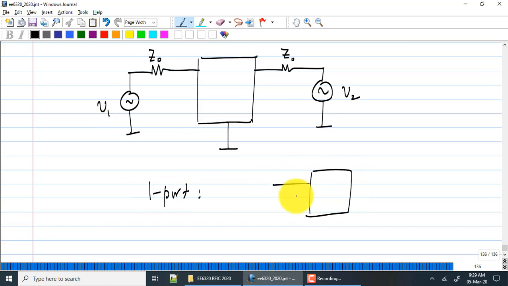Literally, you will only have one pair of quantities, Vi1 by root Z0 and VR1 by root Z0. So A1, B1, B1 by A1 is of course S11. There is only one pair. This is also called the reflection coefficient.